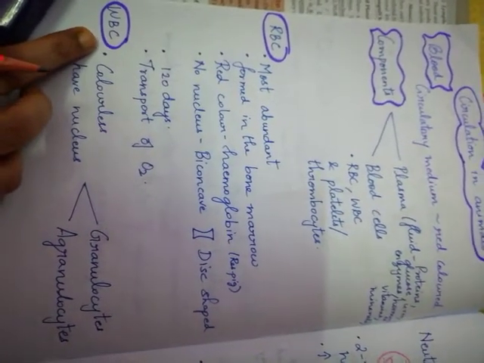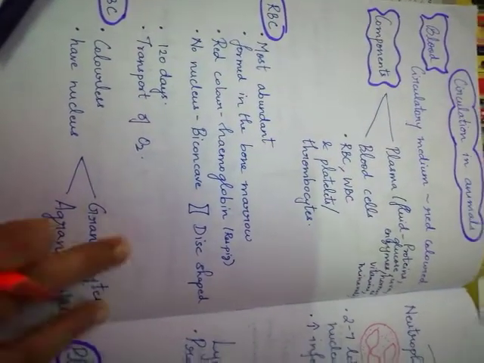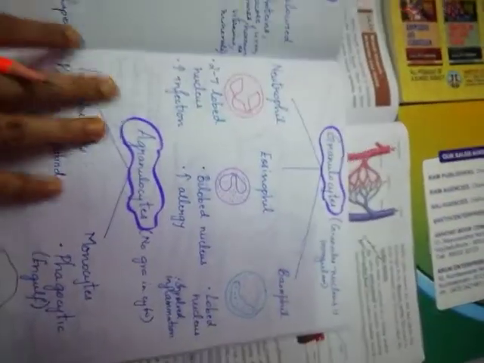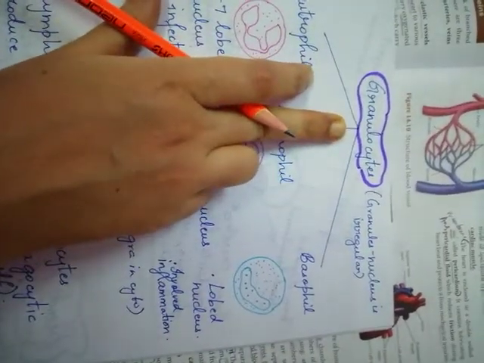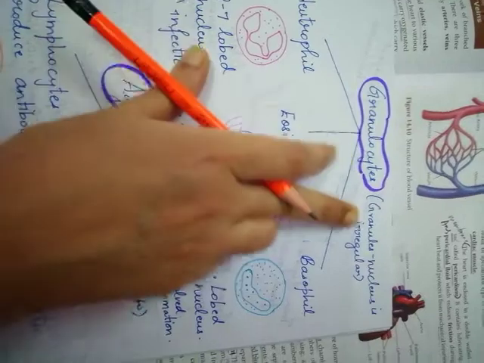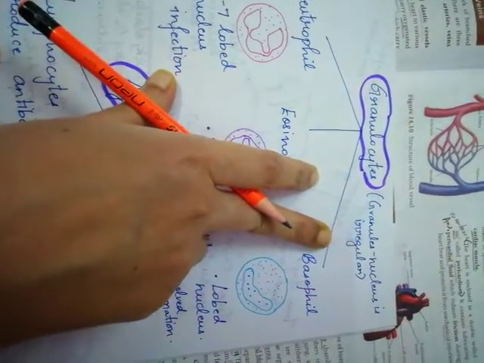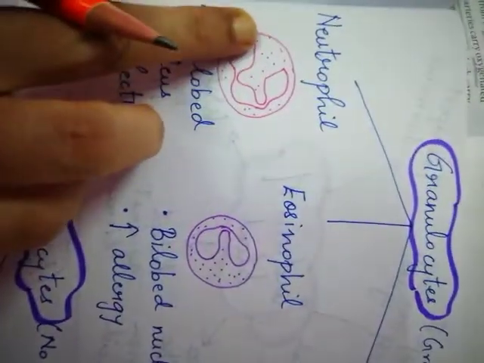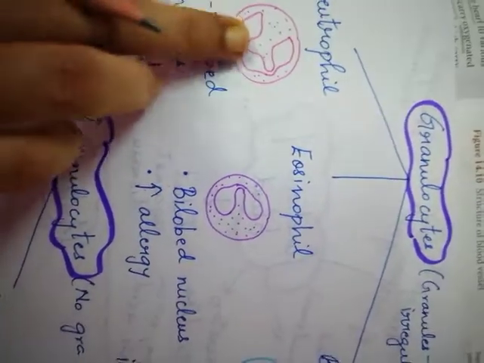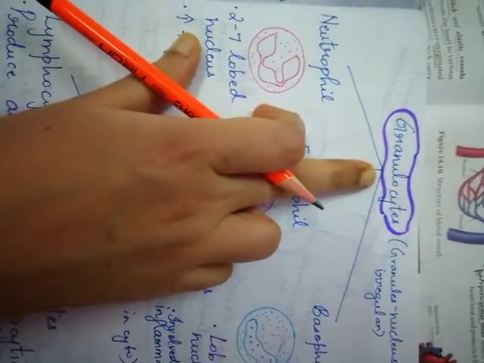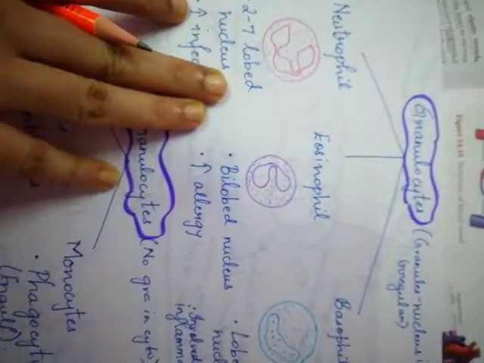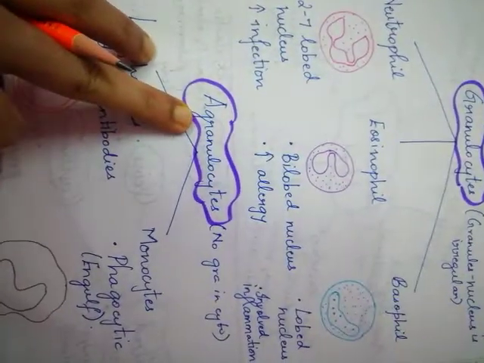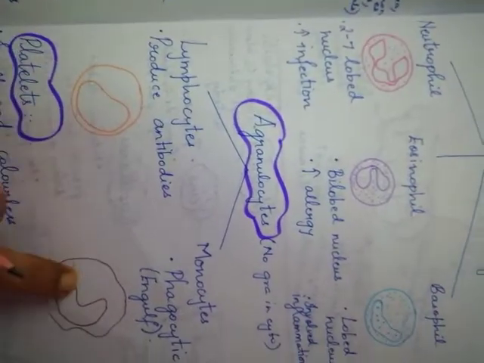WBC are segregated into two types, granulocytes and agranulocytes. Now let us see what is granulocytes. Granulocytes, from the name we can find out that they have granules within them. That is these small dot like structures, that is granules. Okay, so granulocytes have granules within them and their nucleus is irregular in shape. Agranulocytes means no granules will be present in them.